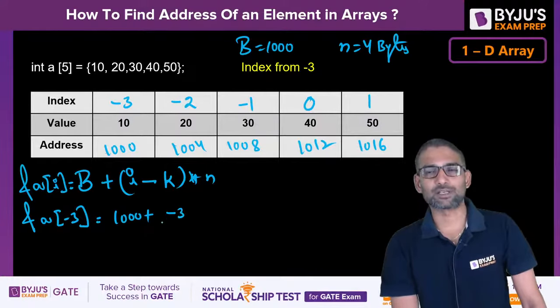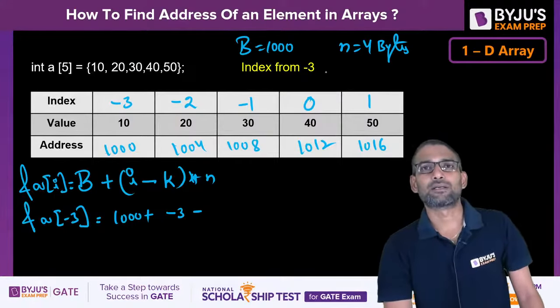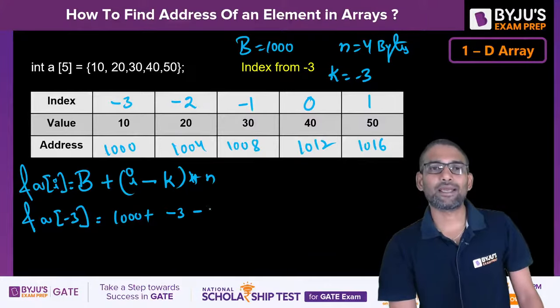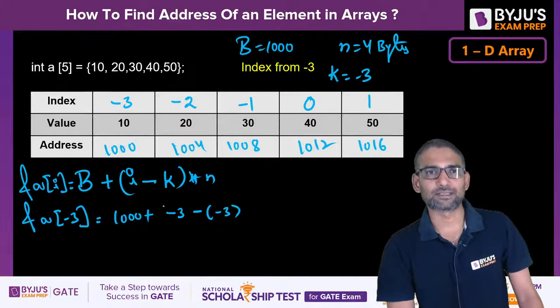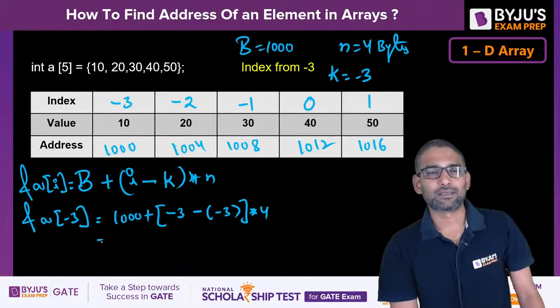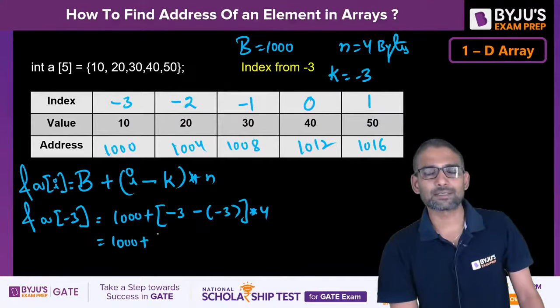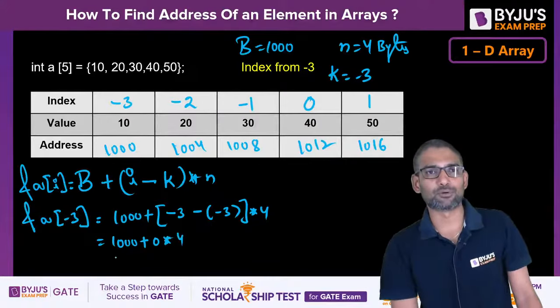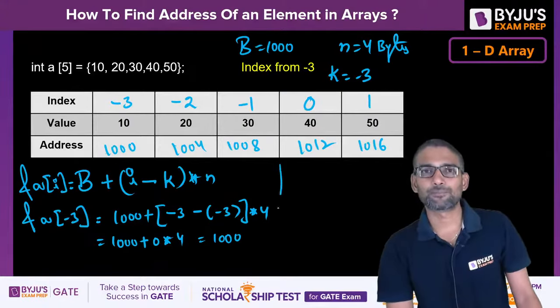Minus 3 minus k, and k is minus 3, multiplied by n. So, 1000 plus minus 3 plus 3, 0 multiplied by 4. So, it is 1000 only.